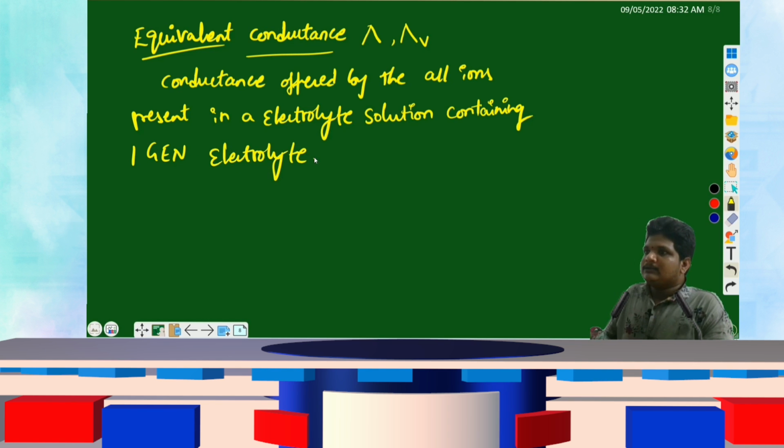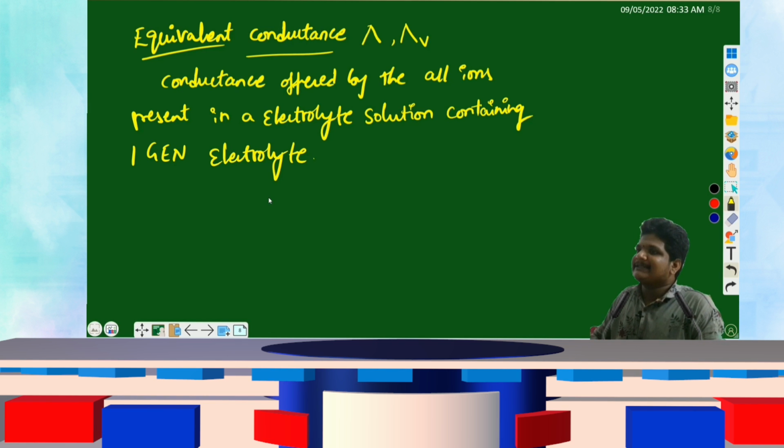So the equivalent conductance of an electrolyte solution is the conductance offered by all the ions present in the electrolyte solution containing 1 gram equivalent electrolyte.